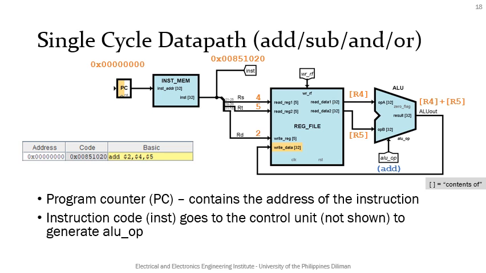The control unit also generates the control signal for write_rf to enable the write that occurs at the following clock rising edge. During the clock rising edge, register 2 will be written with the sum and the instruction is finished. However, is it really finished? How will the next instruction be executed? Thus, we note that we still need to add a mechanism for the program to proceed.